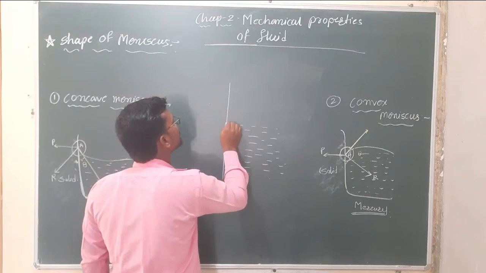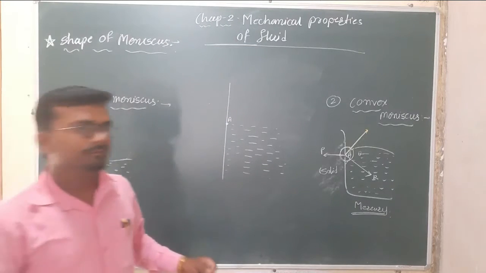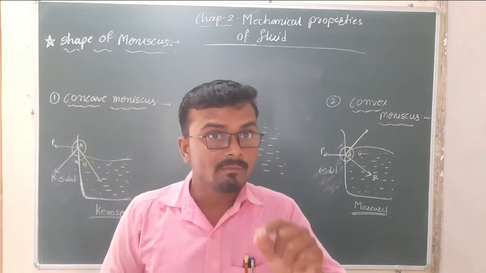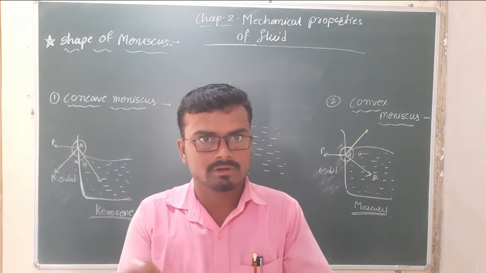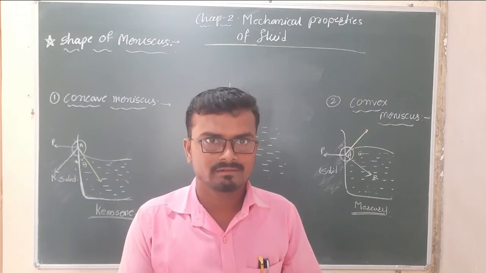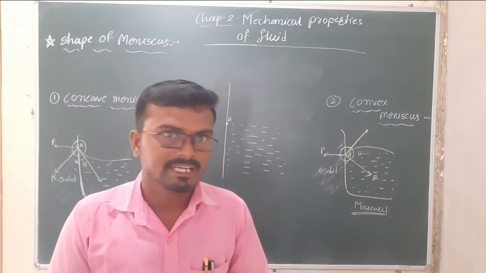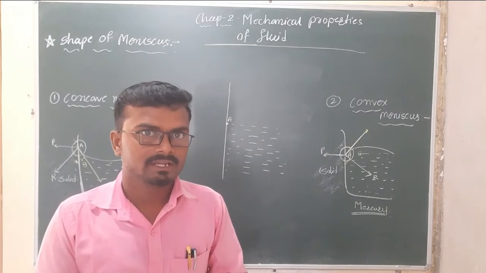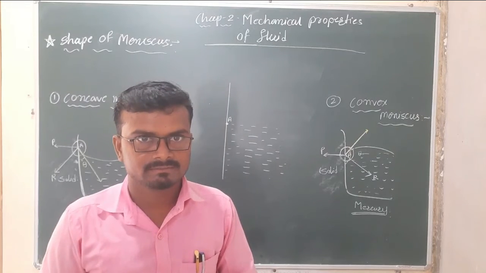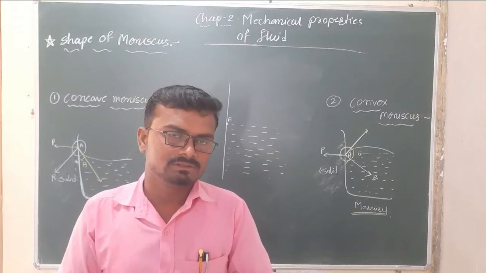Here is the point of contact, or here is the molecule A which is in contact with the solid, the molecule of water which completely wets the solid. Pure water: if you get pure water on your hand, then your hand becomes fully wet, because water completely wets the solid. In such a type of liquid, that is, which completely wets the solid, we observe a plane meniscus. If you take water inside the glass, then the plane meniscus can be observed.